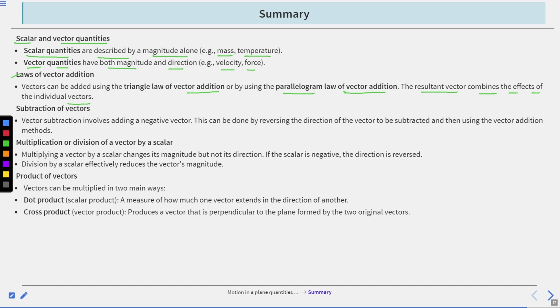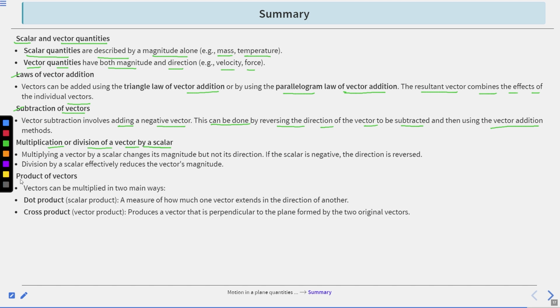Next is subtraction of vectors. Vector subtraction involves adding a negative vector. This can be done by reversing the direction of the vector to be subtracted and then using the vector addition methods. Next is multiplication or division of a vector by a scalar. Clear?